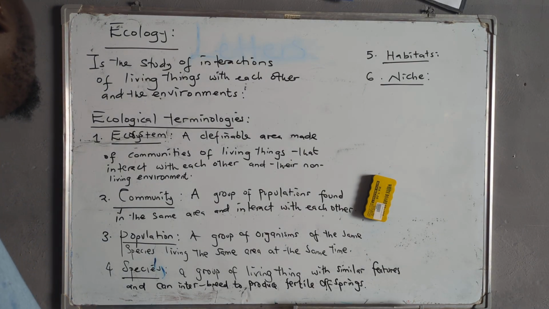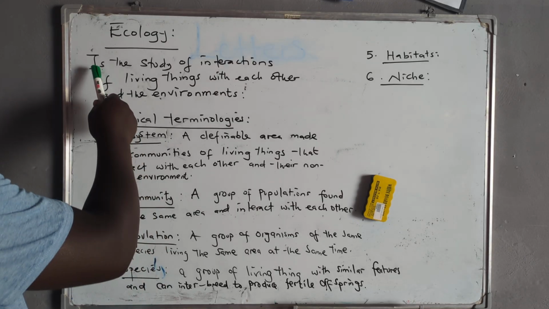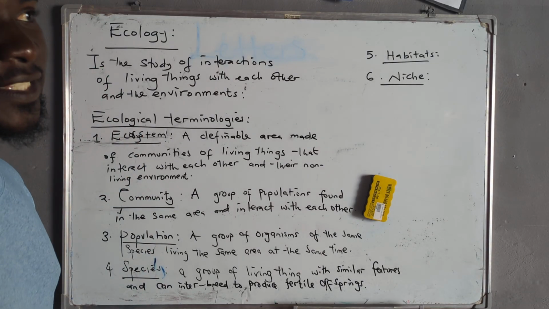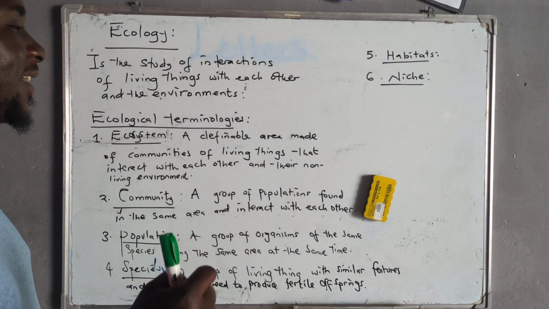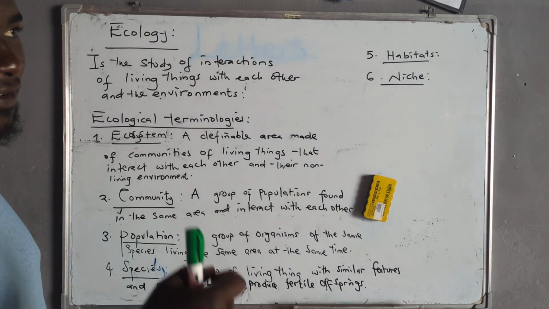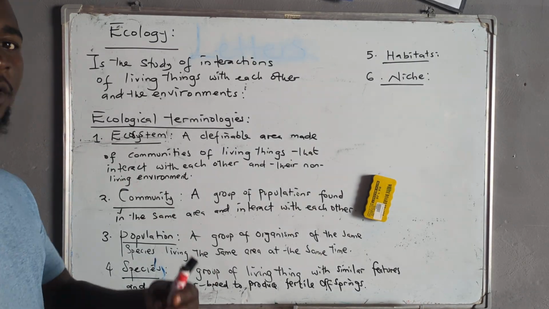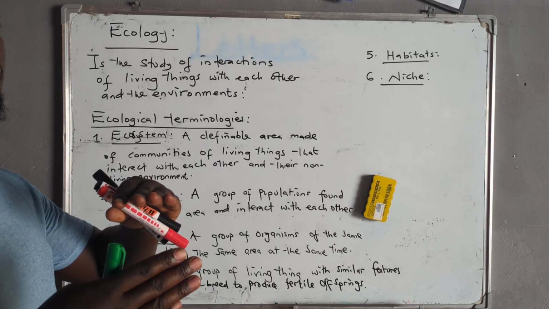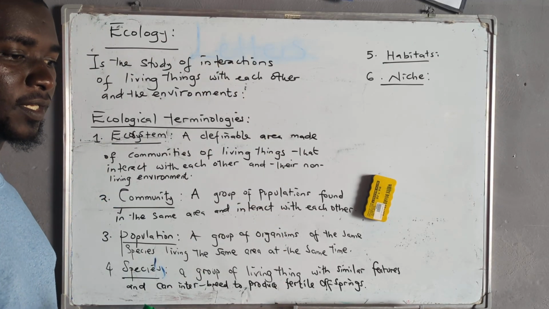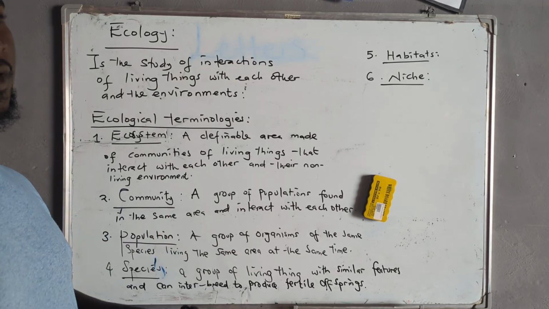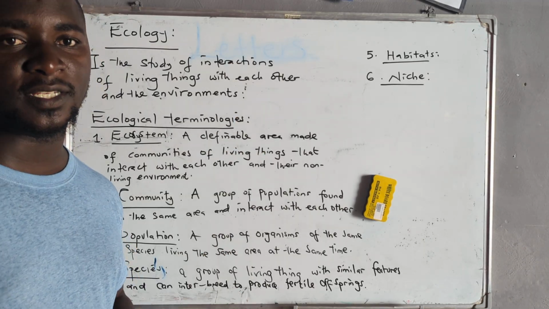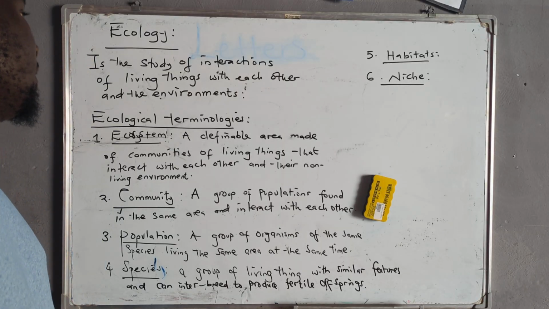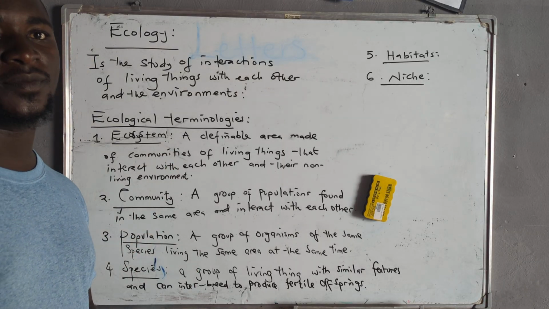Here on the board it says it is the study of interactions of living organisms with each other and the environments. Talking about the environment, we're talking about things that are non-living, or rather the surrounding space in which these living organisms are living.